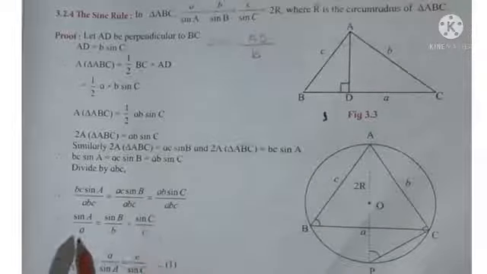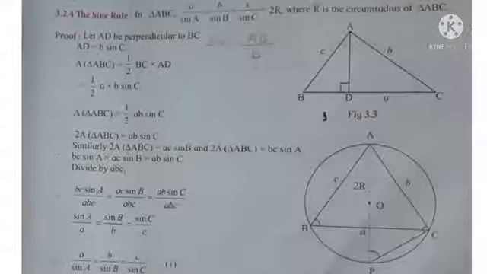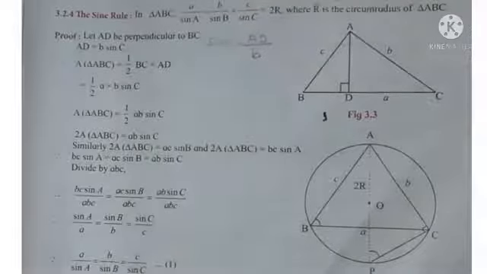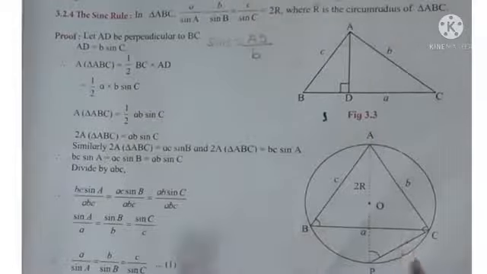By invertendo we get a upon sin A is equal to b upon sin B is equal to c upon sin C. Okay, we proved this. But we want this to be equal to 2R, where R is the circumradius of triangle ABC.